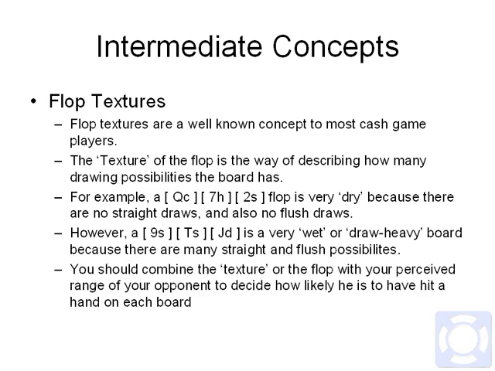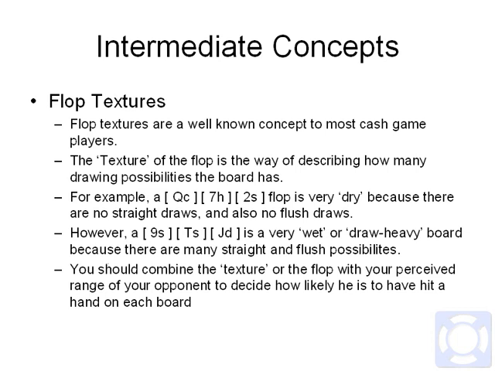You should combine the texture of the flop with your perceived range of your opponent to decide how likely he is to have hit a hand on each board. Now, this becomes very important, like I said, when you're playing thinking aggressive players. You need to know that when somebody's raising 80% of their range before the flop, if the board becomes a dry ace-high board, you can't just fold every time that you don't have the ace.